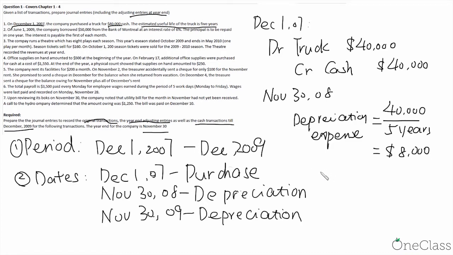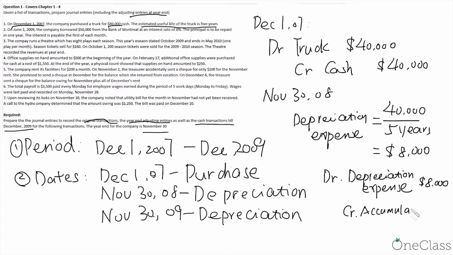So after we have done our calculation, our journal entry on November 30th, 2008 is debit depreciation expense of $8,000 and credit accumulated depreciation, check, for also $8,000.